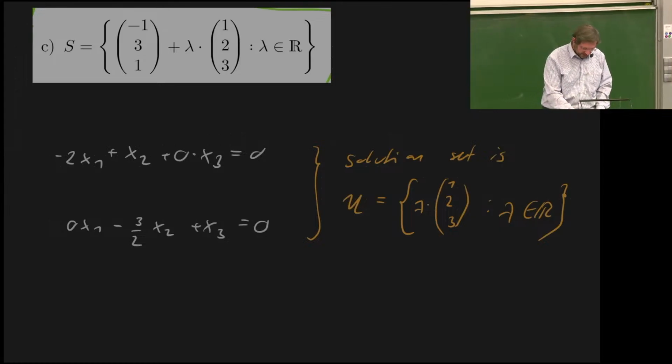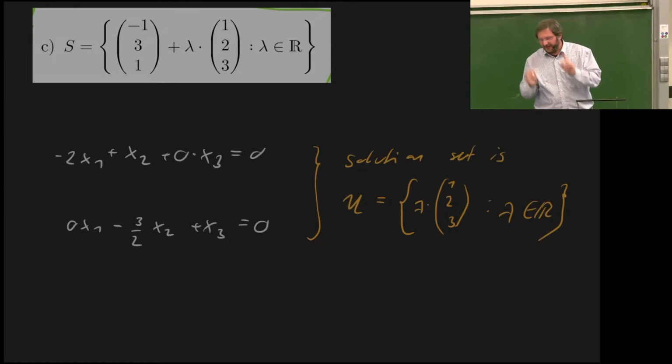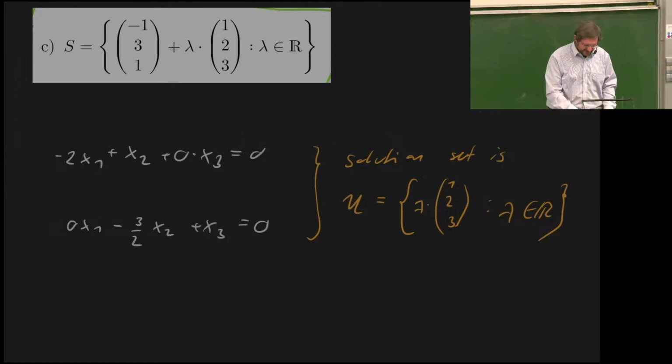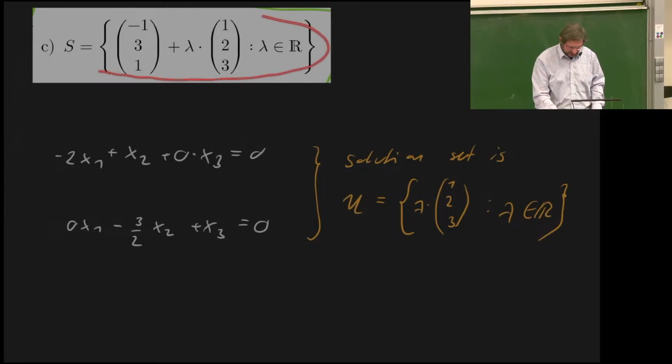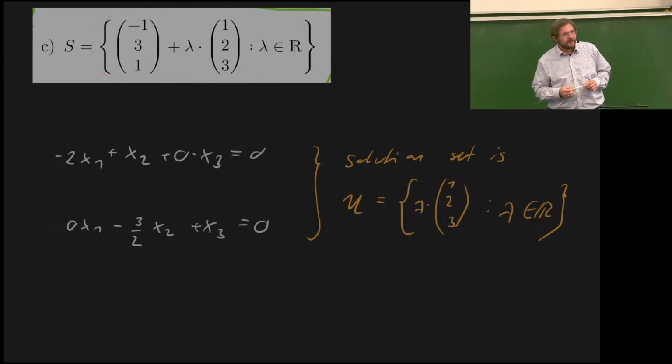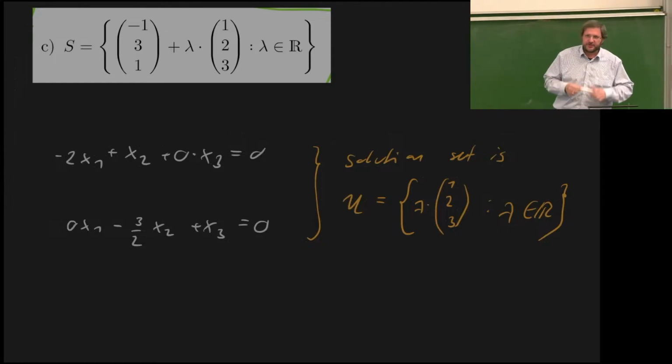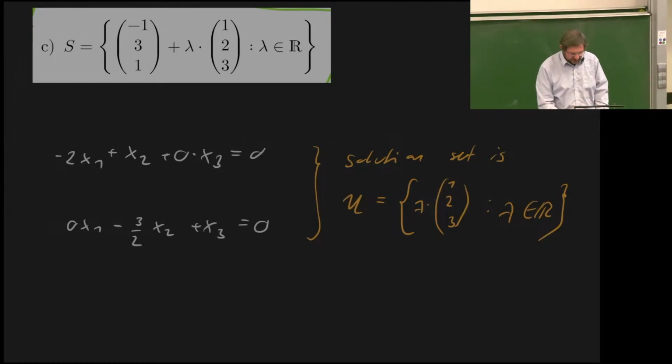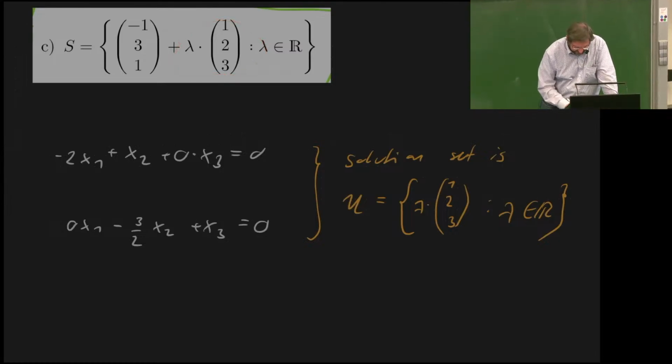And now if you want a system of linear equations that has this solution set, and we know the solution set of an inhomogeneous system looks just like this: a particular solution, one single solution of the inhomogeneous system, plus all solutions of the homogeneous system. So that has exactly the structure you want.